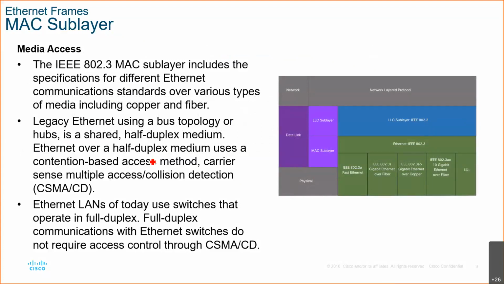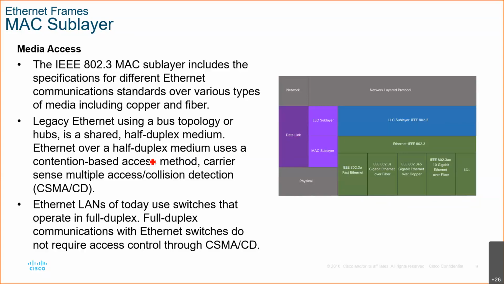So depending on what kind of media you use, your MAC sublayer can have different kinds of technology. It can be half duplex. It can be full duplex. Okay. So sometimes if you're using an old technology, which is obsolete, we don't use.